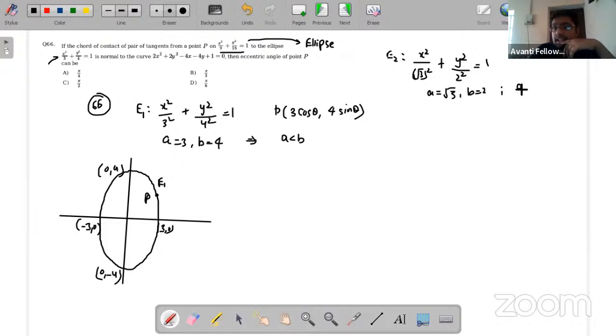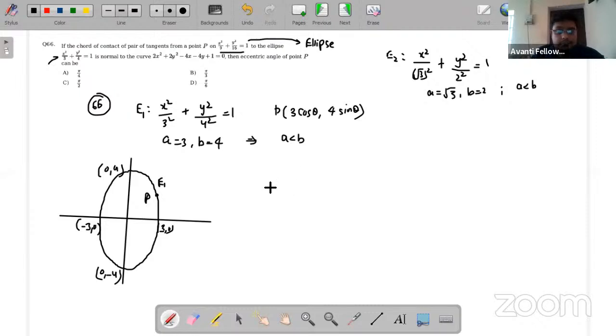So clearly again a is less than b, which means this is again a vertical ellipse. So what it is saying is that a pair of tangents from this point P is drawn, and the chord of contact of the pair of tangents.